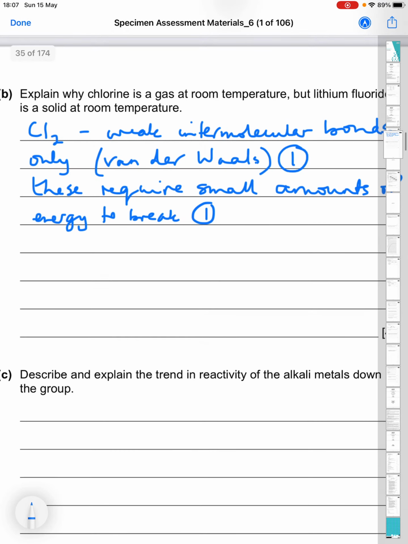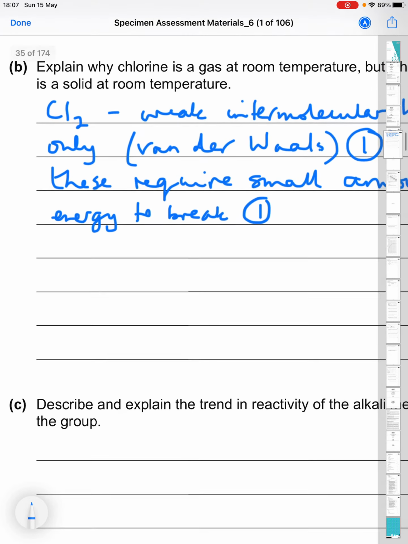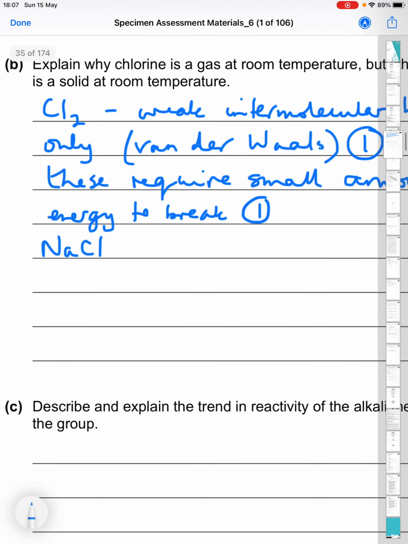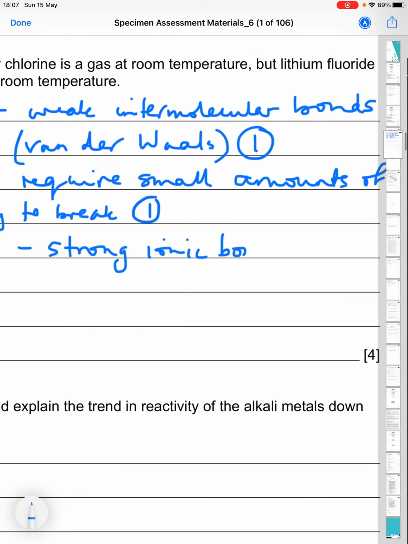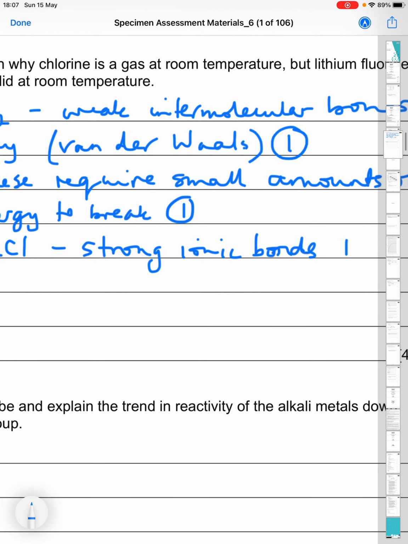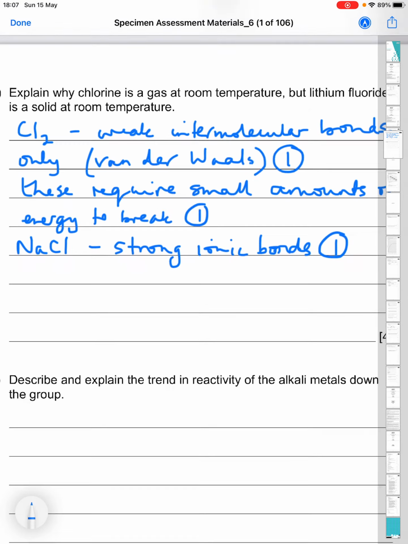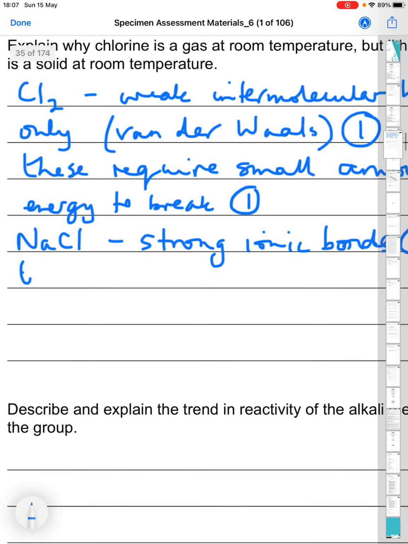Next bit we're going to talk about sodium chloride then. So it has strong ionic bonds. That will get you 1 mark. And these require large amounts of energy to break.